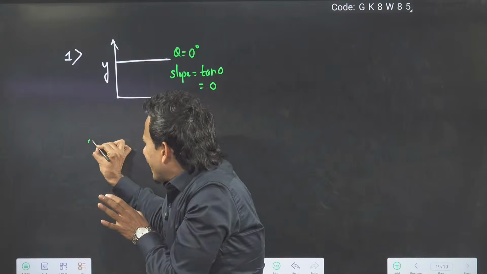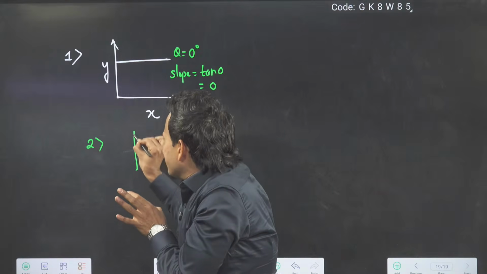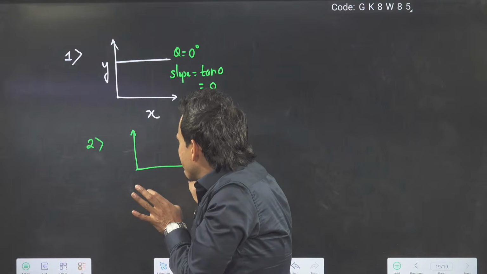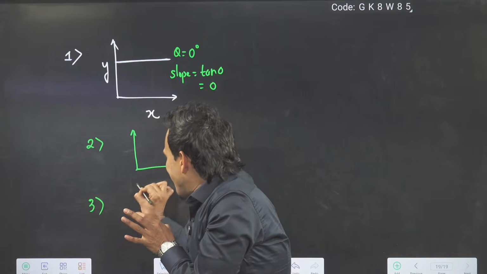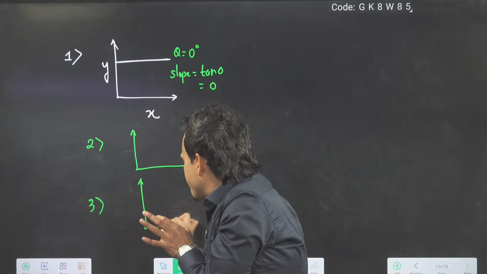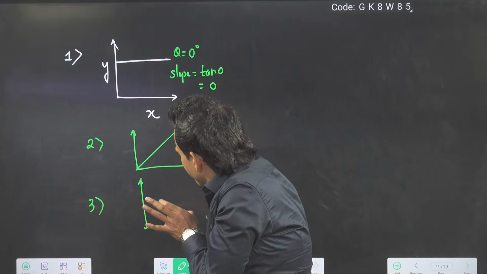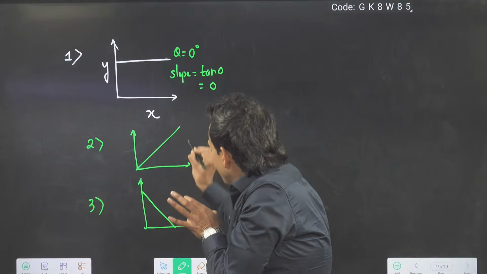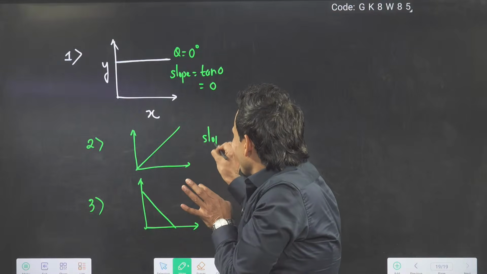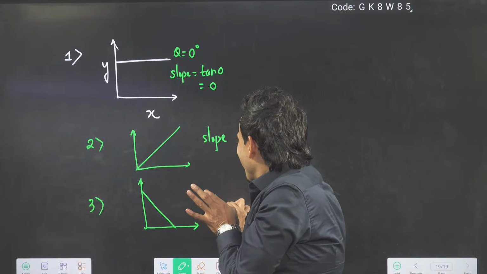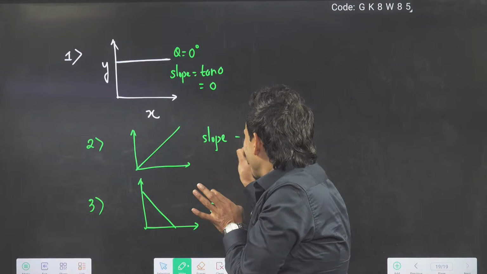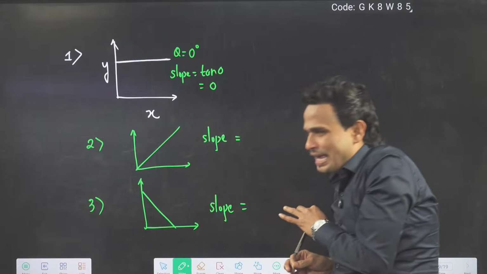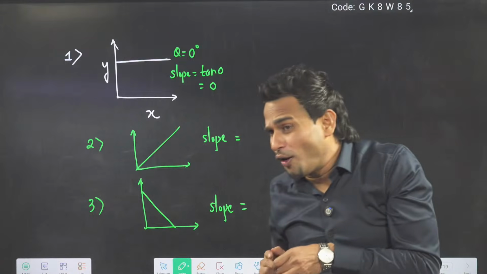Second possible graph will come. I will write the second and third directly. You will tell, because you have some idea. Tell me about the slope here: constant or variable, positive or negative?